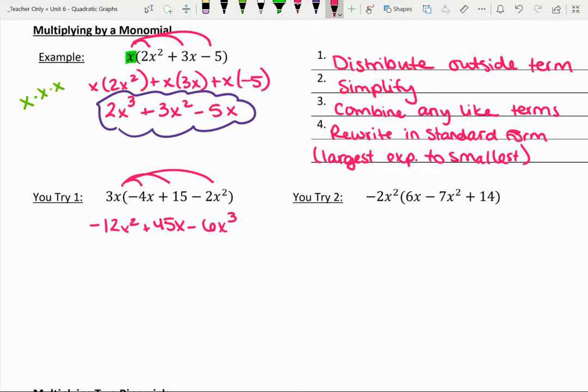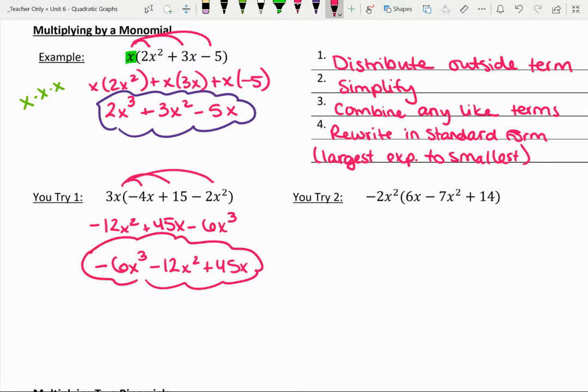So again, there are no like terms to combine here, but if you rewrite it in standard form, that -6x to the power of 3 should go first, followed by -12x squared, and then that 45x at the very end.